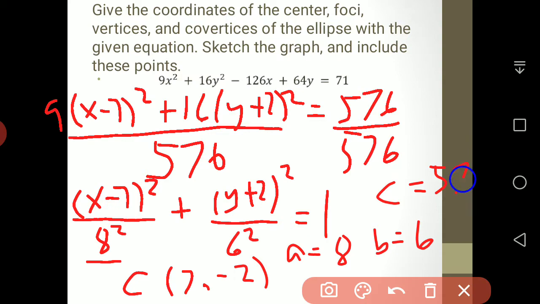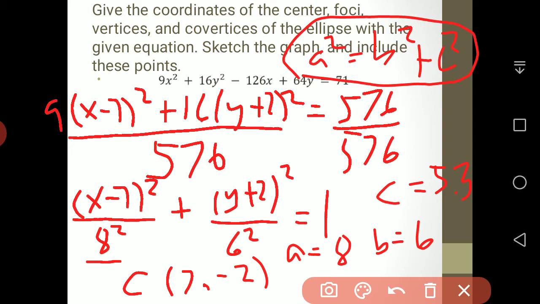I'm not going to show you how 5.3 has been derived, but just remember the equation a squared is equal to b squared plus c squared. After doing this, you'll get this. So c will now be equal to 5.3.